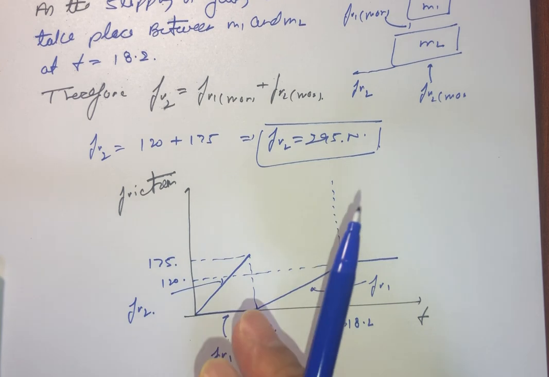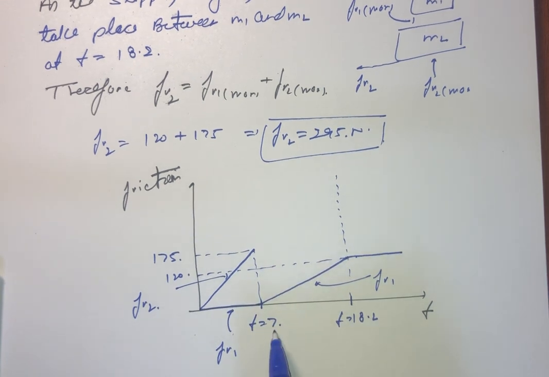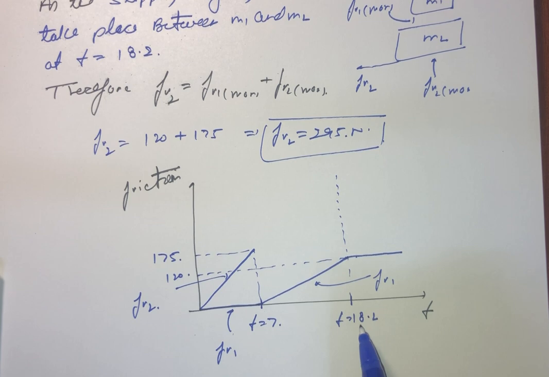So again we are drawing the same graph. So this is time axis. So we already defined first of all t is equal to 7. At this particular instant, when t is less than 7, FR1 value is 0, whereas FR2 is varying by the equation that FR2 is equal to 2050. Next value, we found out that at t is equal to 18.2, FR1 is going to have a maximum value of 120.